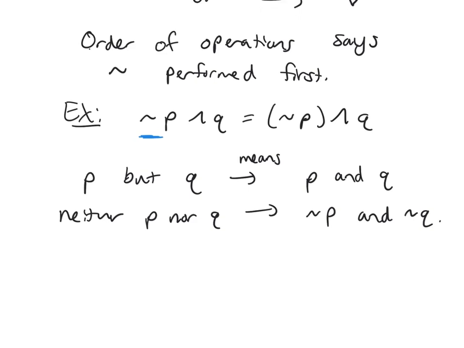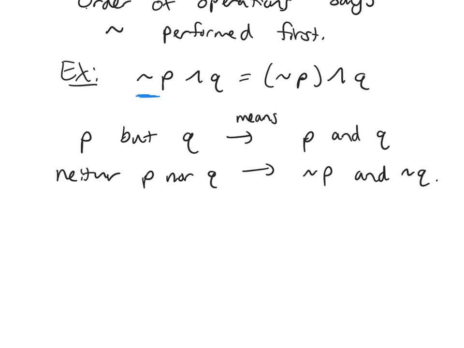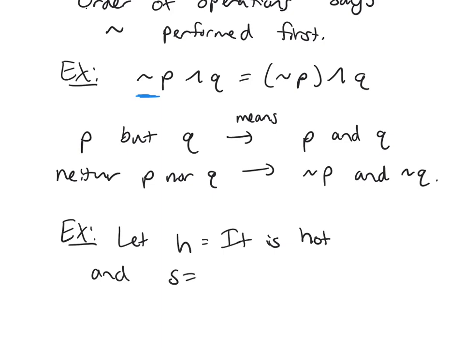So let's take and write something, a compound statement, symbolically. So let's say, let H be the statement, it is hot, and S is going to be the statement, it is sunny.